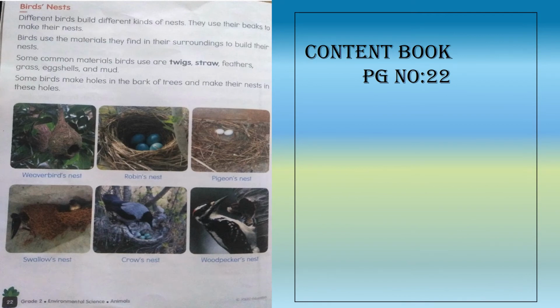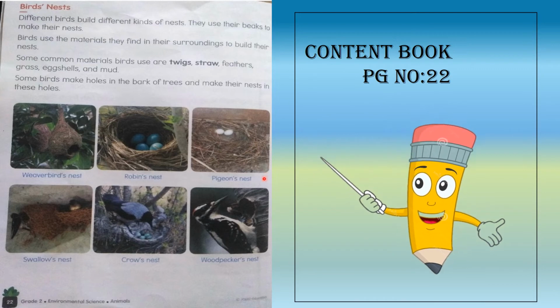Okay, children, open your EVS content book, page number 22. Have a look at these pictures. Here you can see a few birds' nests. All are different from each other, isn't it? See this first one, weaver bird's nest, robin bird's nest, then pigeon's nest, swallow bird's nest, crow's nest, and woodpecker's nest.